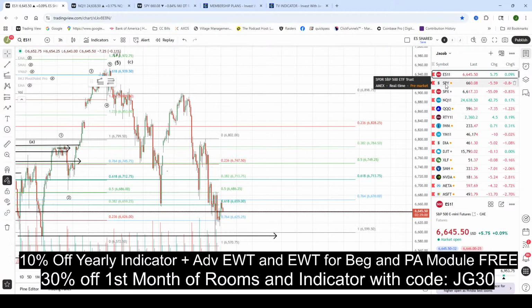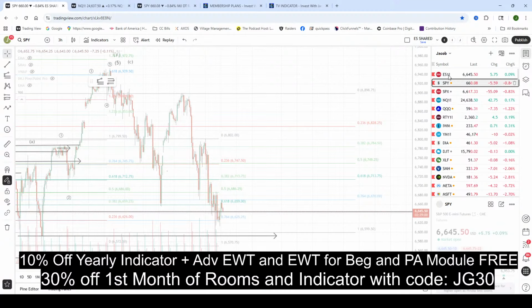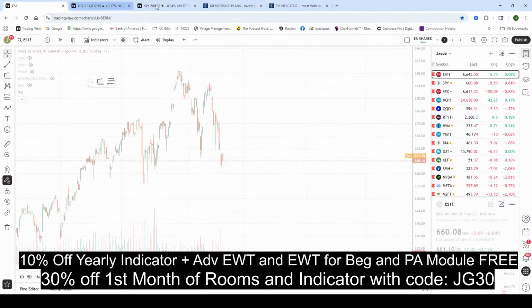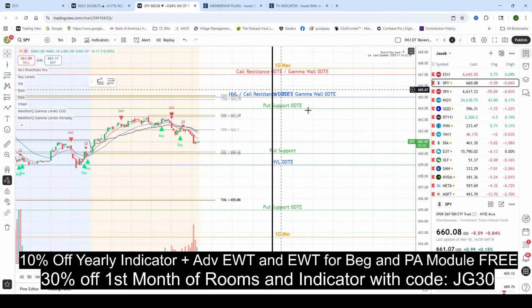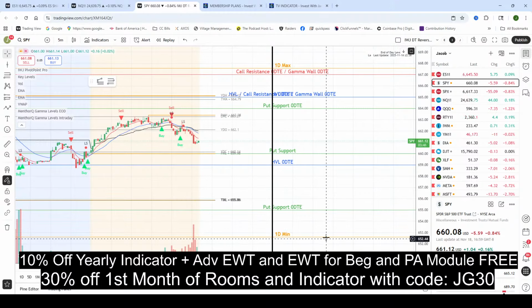Keep in mind, we have a wide range today. Let's go back over here. Volatility's been high, but from the Mentor Q standpoint, we have the high up here at 667 and the lows all the way down at 652 roughly, and we're at 661. So you have 6 points up and about 9 points down.